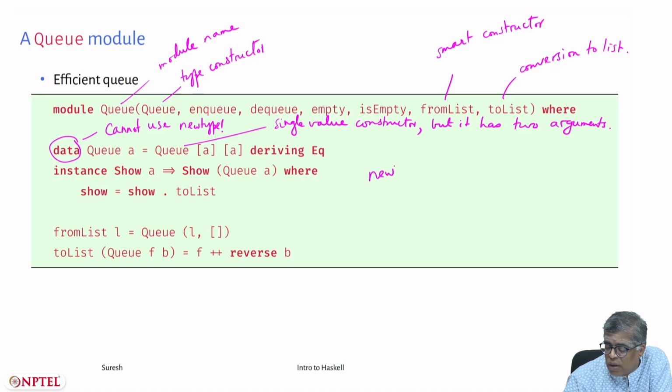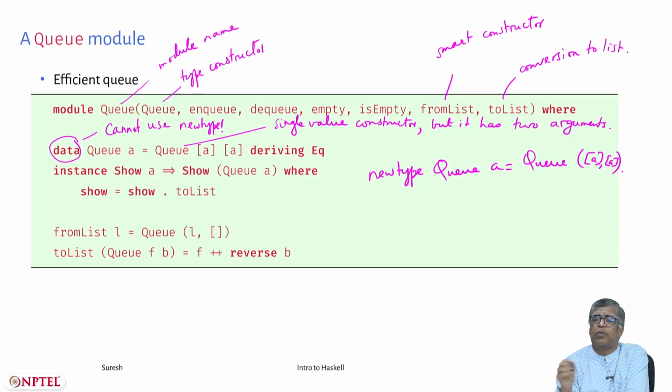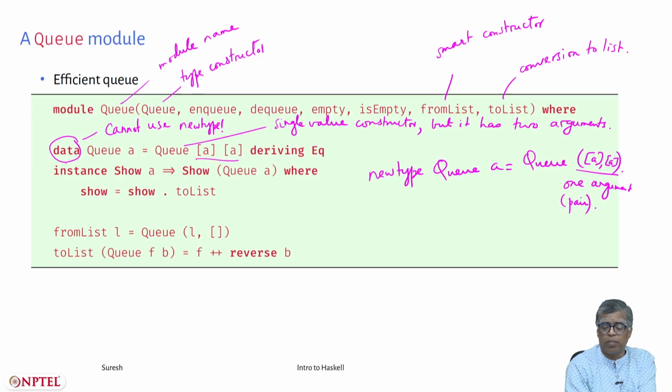If instead you used a pair, this is possible, because now it's one argument which happens to be a pair, that's okay. Now you can do newtype, but if there are two explicit arguments like here, then you cannot use newtype. Okay, fine. So if A is showable, then Q of A is also showable, and what I say is that show is nothing but convert the Q to list and then show it.